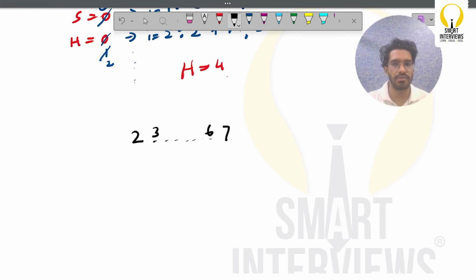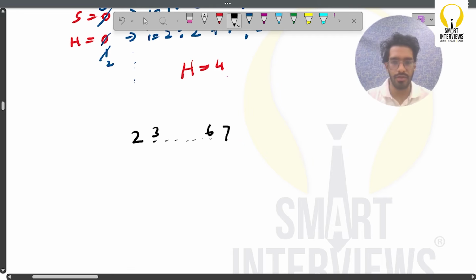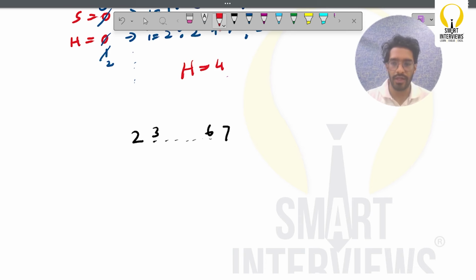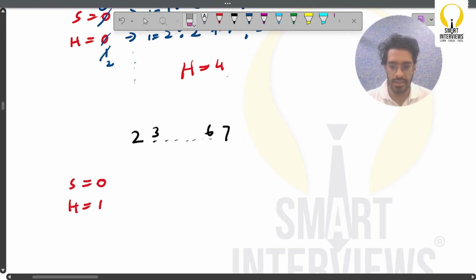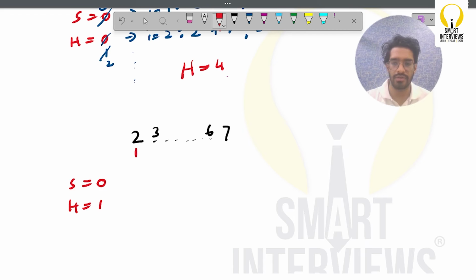Now when you have sum as 0 and happiness also 0, if you consider this as the first index, when i equals 1, your sum value will not match, the condition will fail, then the happiness value gets increased to 1, right? Then later you will be adding 2 to this sum value, right?